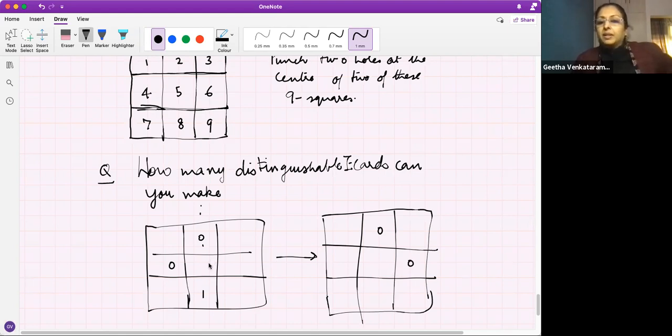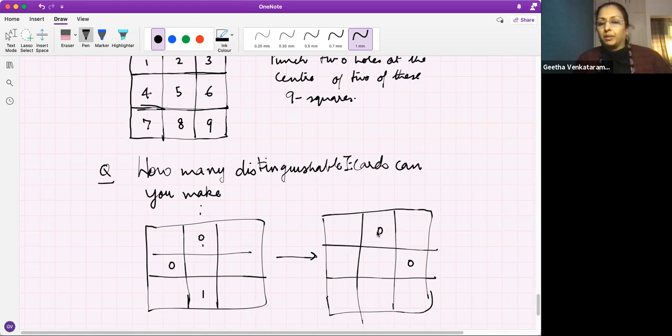Now the point is that I could have, while presenting my I card, just flipped it about the vertical line, right? That is, I just turn it like that, and then it'll look like this. So I cannot give one person a card which has 2 holes punched like this, and the other person a card which has, so here the punching of the hole is in position 2 and 4.